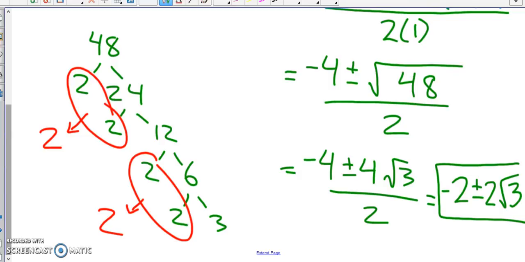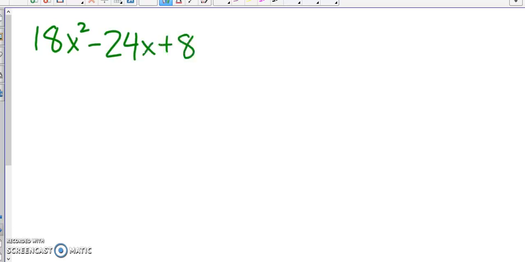All right. 18x squared minus 24x plus 8 equals 0. Now notice here there's a common factor of 2, so I can just divide everything by 2, and that'll make the quadratic formula easier to do.